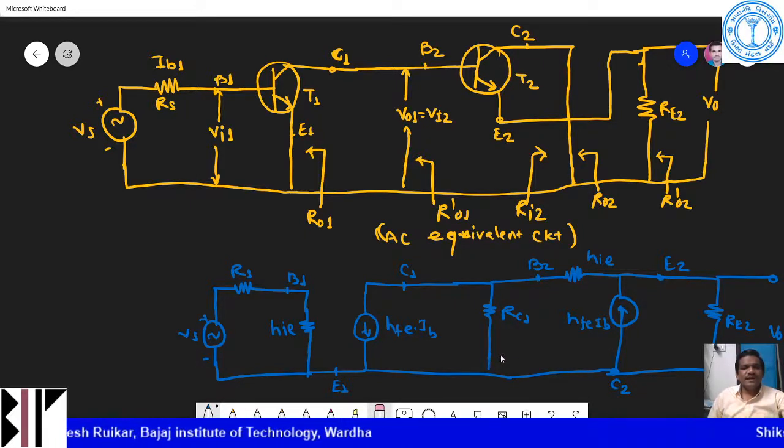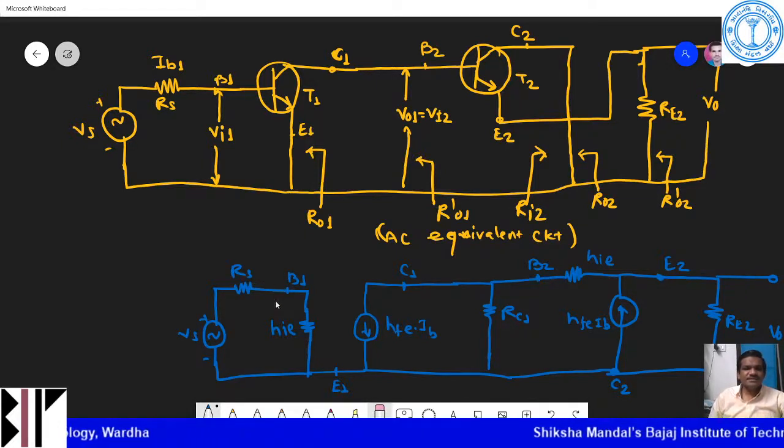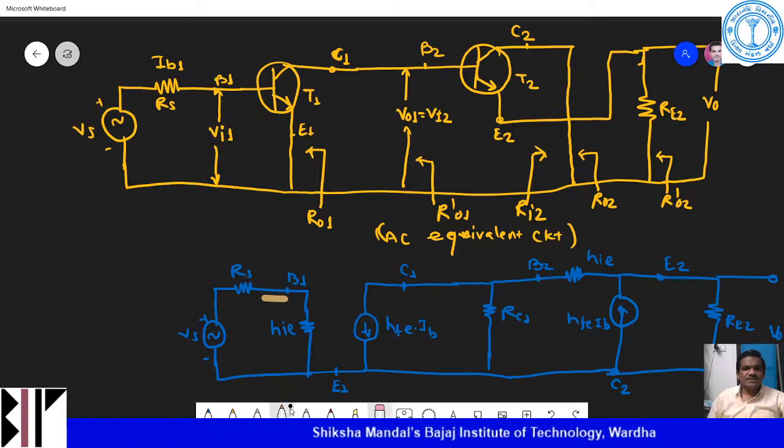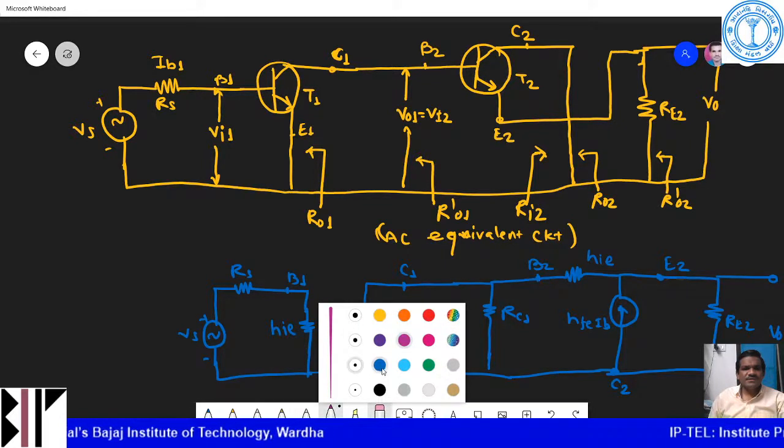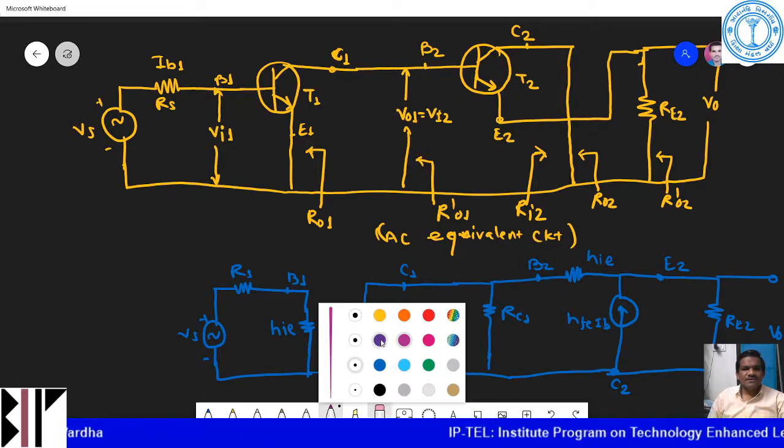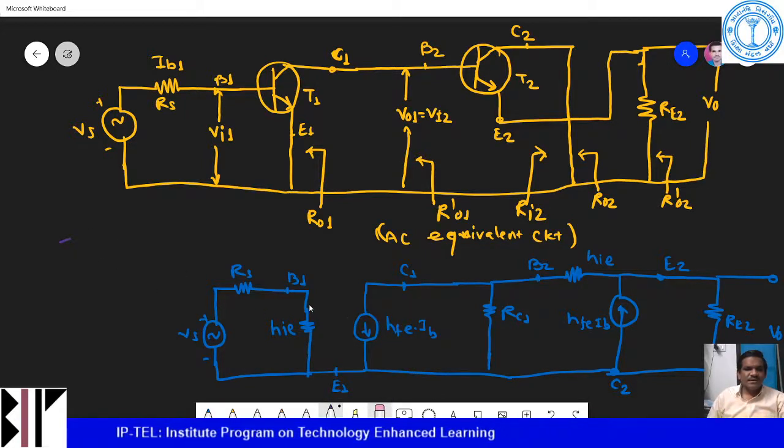If you look at this, the current which is flowing through this base resistance, I will change the color, so the current flowing through this is my IB1.